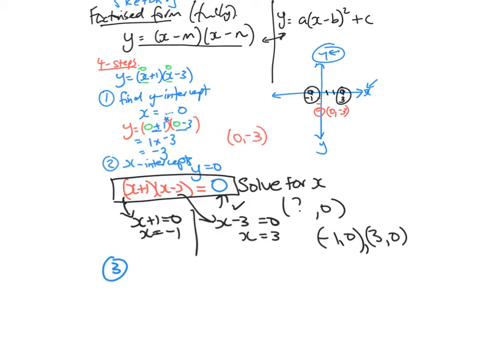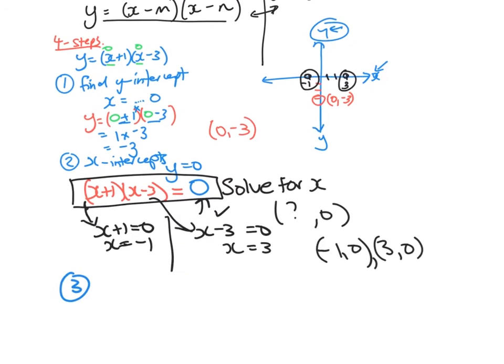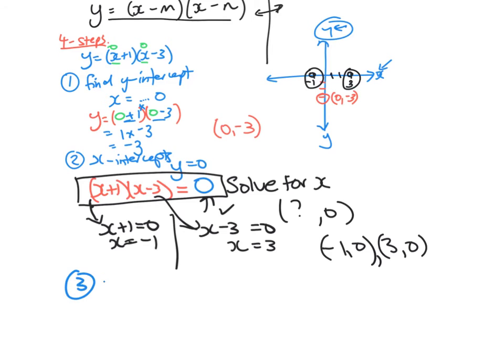This graph comes down here, turns around somewhere in here and comes back up. So we're going to find that exact coordinate pair. It's a minimum in this case, it could be a maximum. That's where the graph turns around, and that's the bottom of our curve.